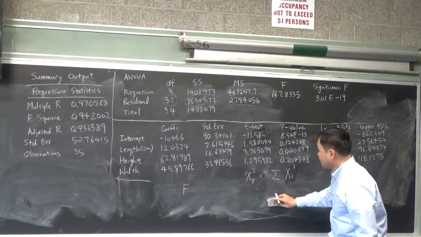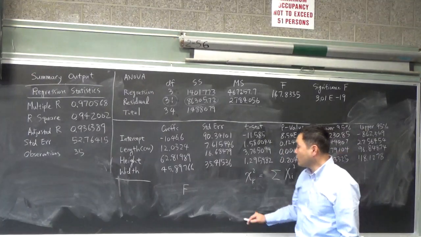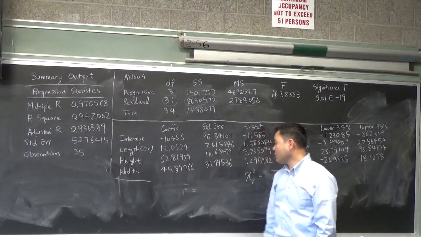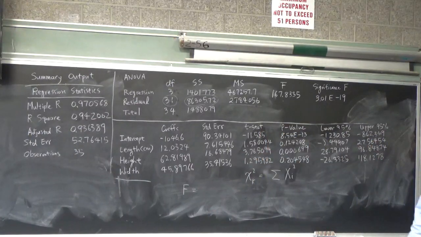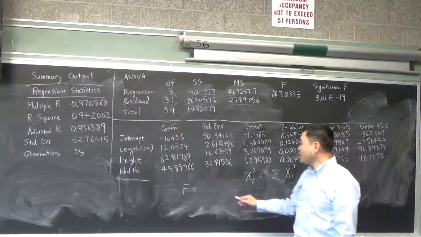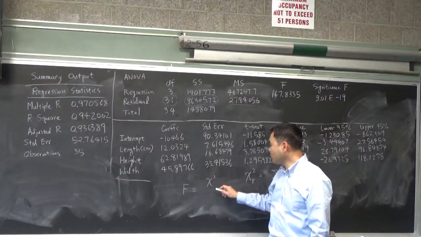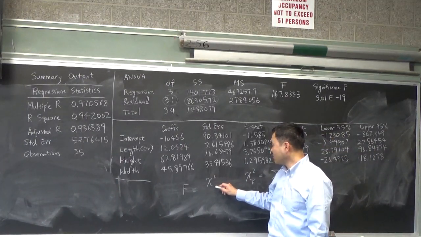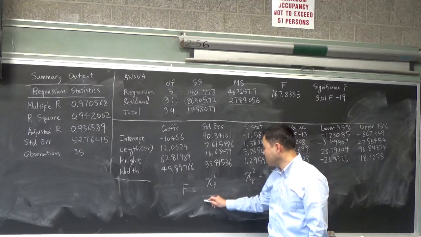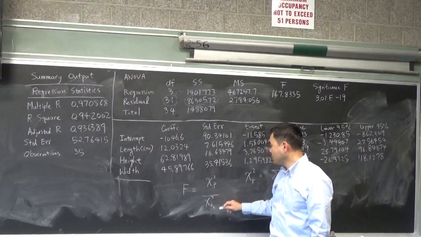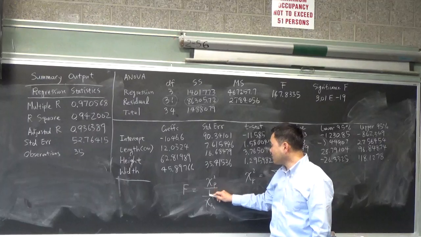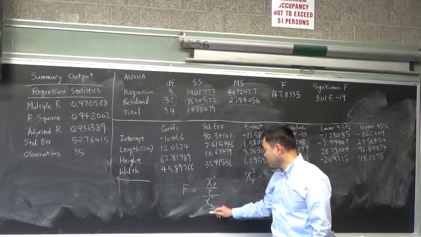But then, what the F statistic does is, it's like taking two chi-squared quantities, let's say P and then Q, and then you're dividing each by its degrees of freedom.